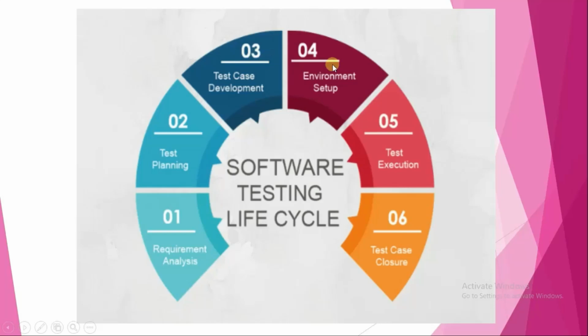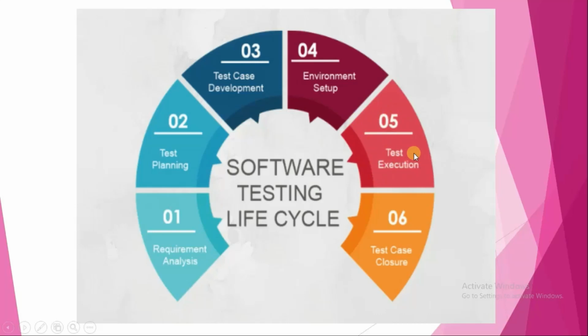Then in the fourth phase, environment setup. The tester has to set up all the necessary environment, because the specification document, the source target mapping document, and the test cases are required, and all the necessary documents are prepared in this environment setup. Then after that, in the fifth phase, the test execution happens.